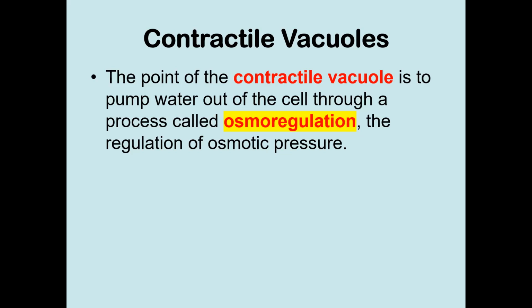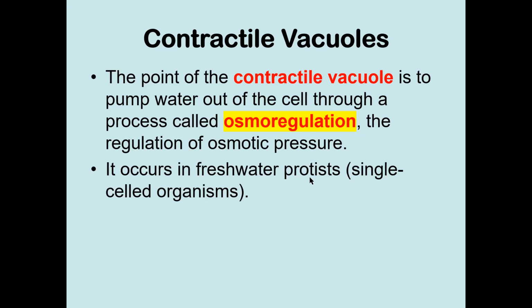You can have 2 or 3 of these contractile vacuoles growing simultaneously, but this happens 24/7. It can't stop. As soon as the system fails or stops for some reason, the cell bursts, and that's the end of it. So this contractile vacuole, there's a process called osmoregulation. So it's because they're regulating the osmotic pressure in the cell.